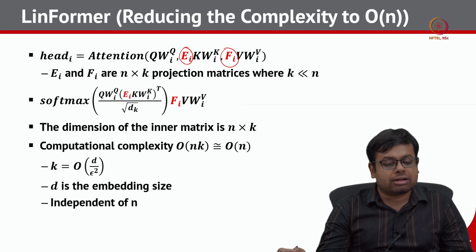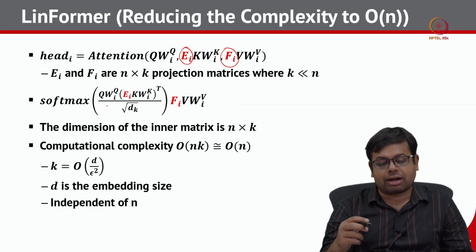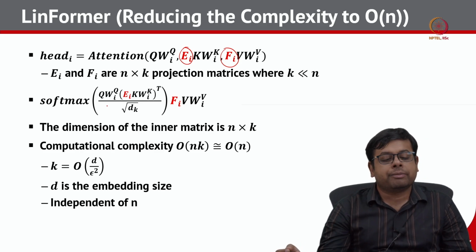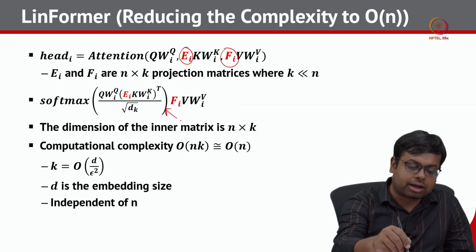Then our attention computation looks like softmax of QW_Q times E KW_K over square root of d_k, multiplied by F VW_V, and the dimension of the inner matrix becomes n by k.